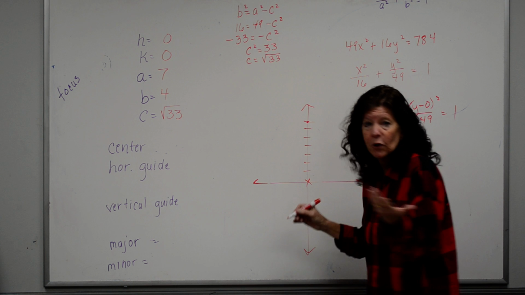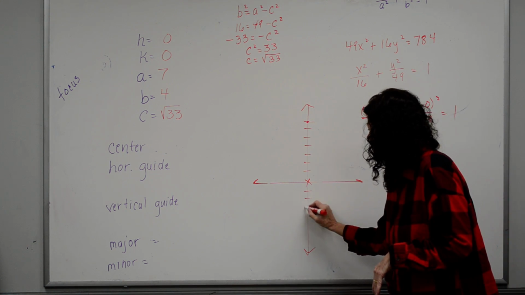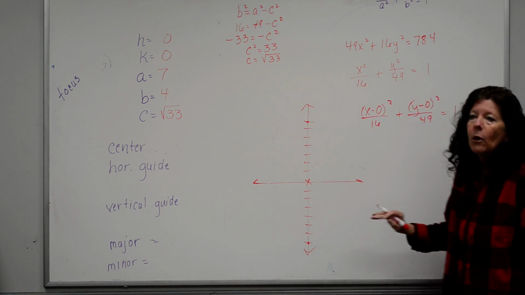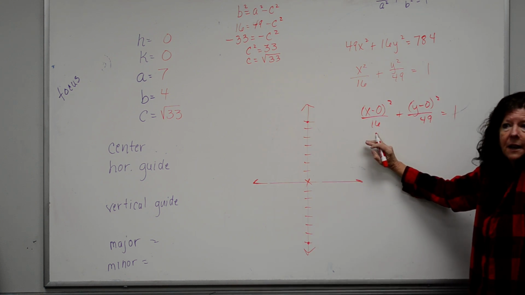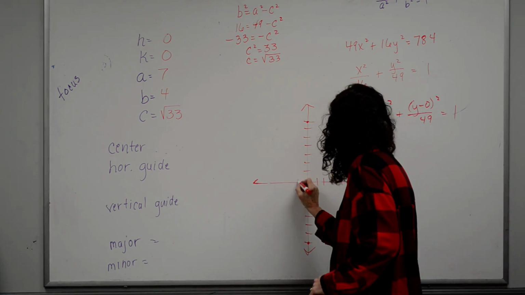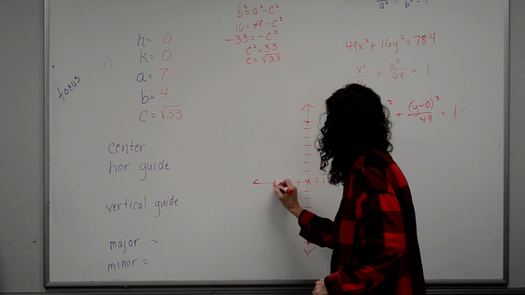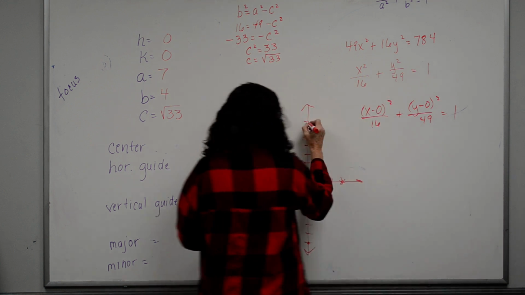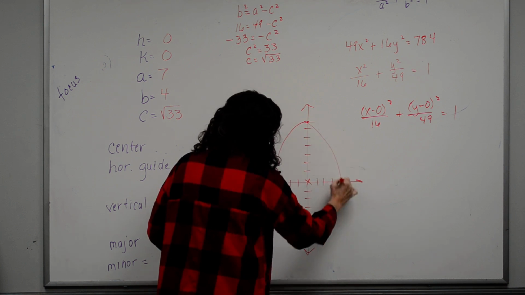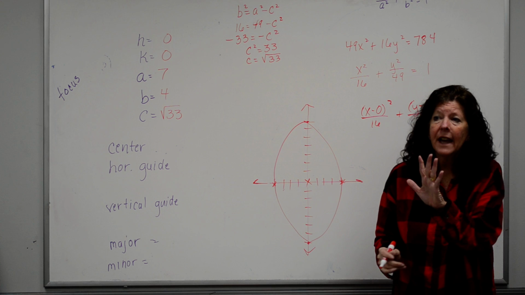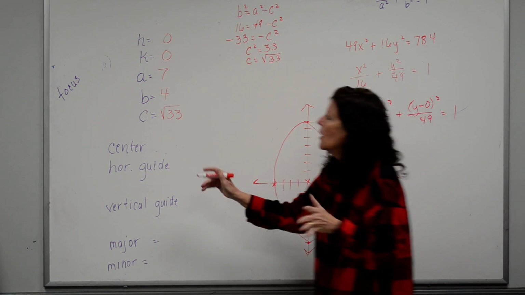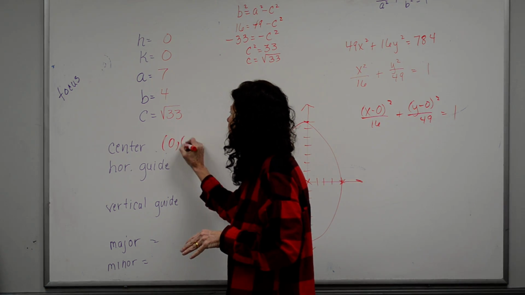That's one of my vertical guides. 1, 2, 3, 4, 5, 6, 7. That's my other vertical guide. Now, horizontally, how far am I going to go over? 4. Those are my horizontal guides. Now, I just form my ellipse. Now, the only thing I haven't put on there is my focus points, which we'll find over here. So my center of this is at 0, 0.